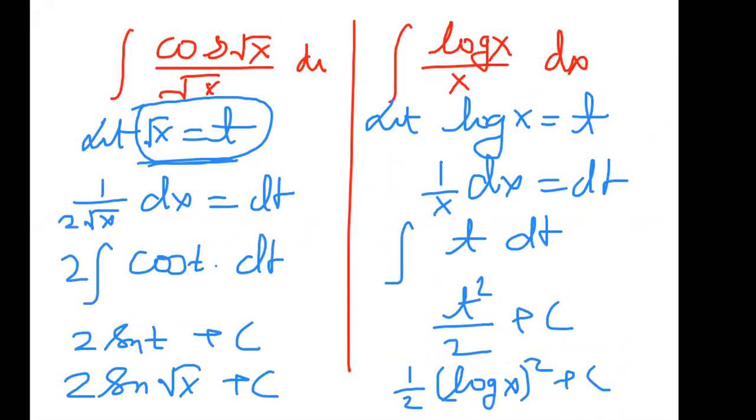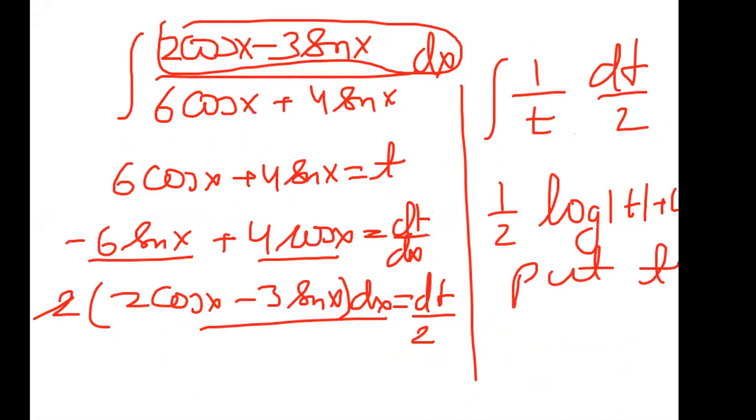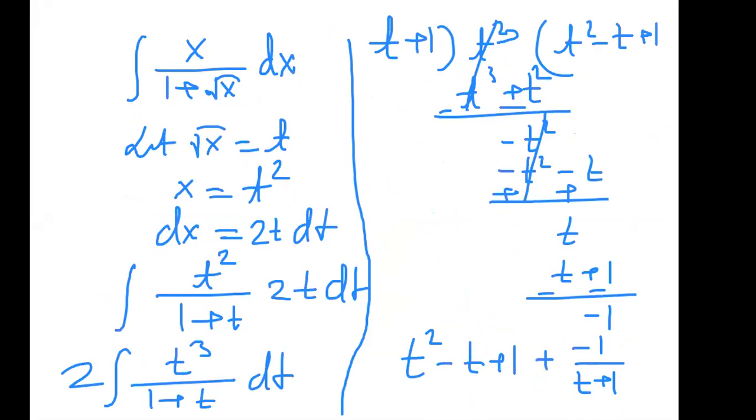These I suppose you have done and you were able to understand. Then some more questions we have done. This was a good question. It has come in board examination also. Different questions, some have come in the board examination, some are important from the examination point of view, some may come in the coming board examinations also. So now we are taking one more question. This will make your concepts a little better.